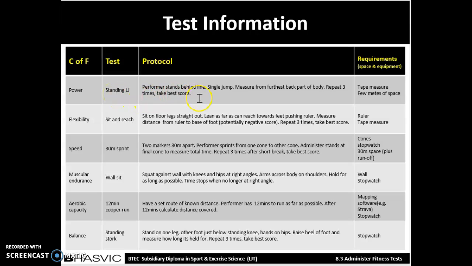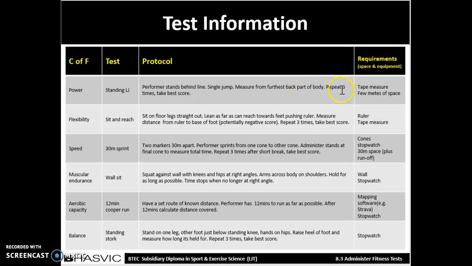This involves the performer standing behind a set line, and it's how far they can jump in a single jump. And then I, as the conductor, would measure from the furthest back part of their body, so closest to the start line, which would usually be their heel, but potentially could be their hand if they fall over or something.